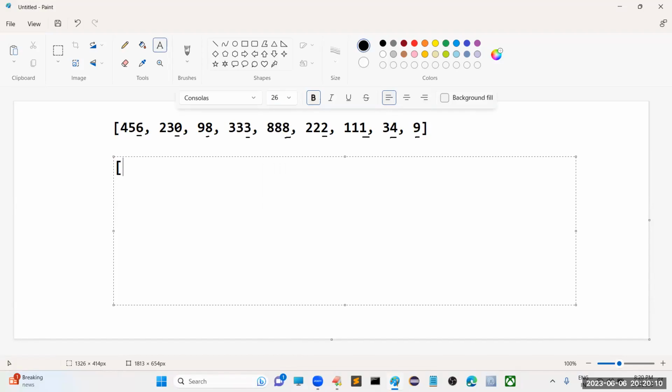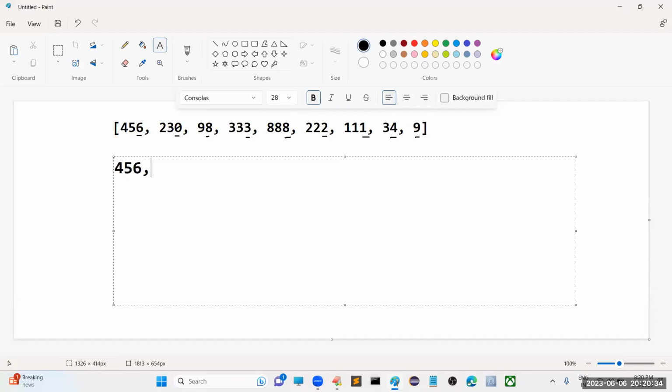For easy understanding, I will write these numbers in a 3-digit format, because the maximum number we have here is 888. That's why I am taking the maximum value as 888. How many digits are there in 888? 3 digits.